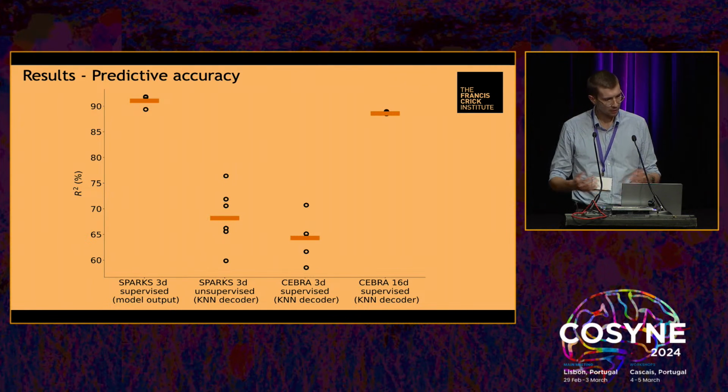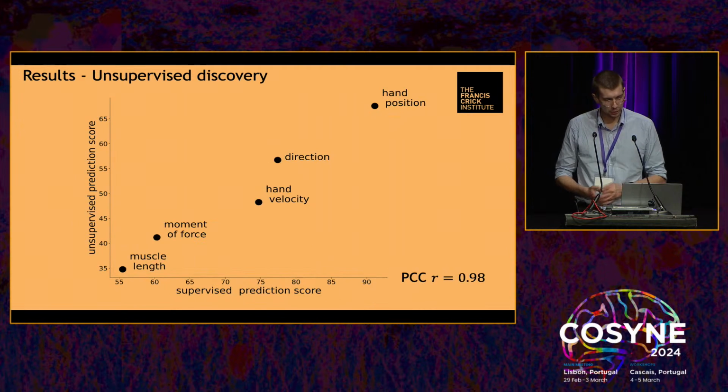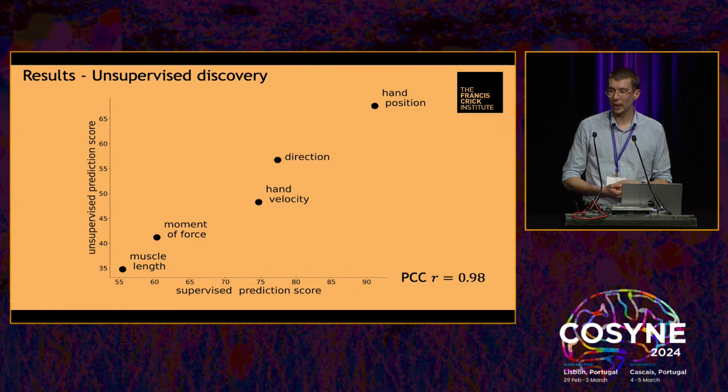I think the unsupervised version of the model might be very interesting for a lot of you here, because the main idea is that it will allow you to discover features of your data without fitting any behavioral parameters, if you maybe don't have access to any. To show that, we tried to see how well we could predict the different variables that were in this data set.